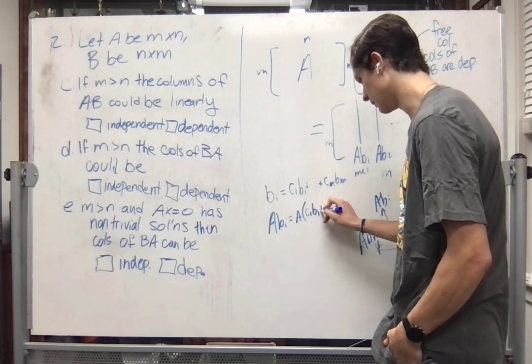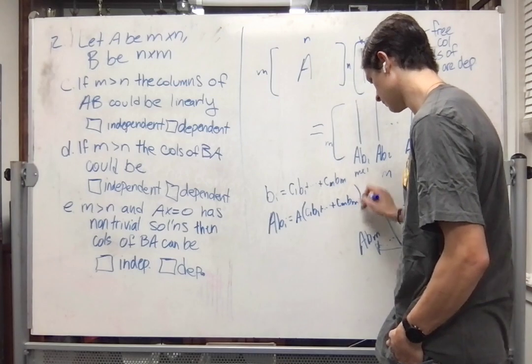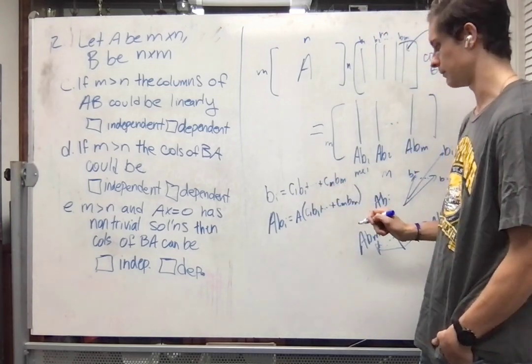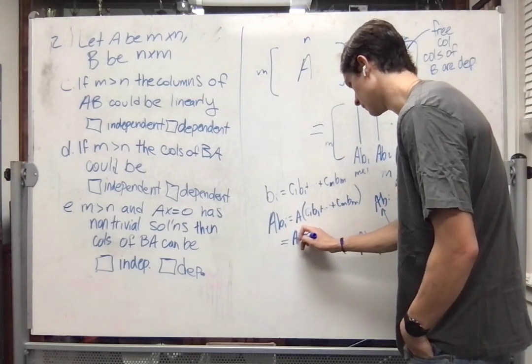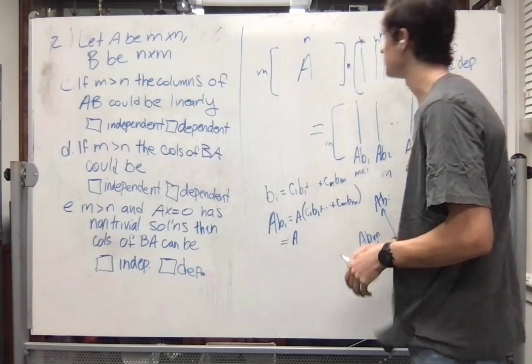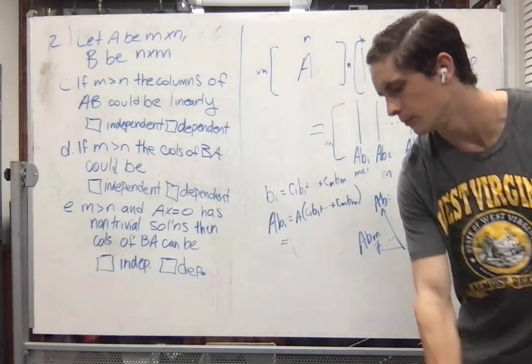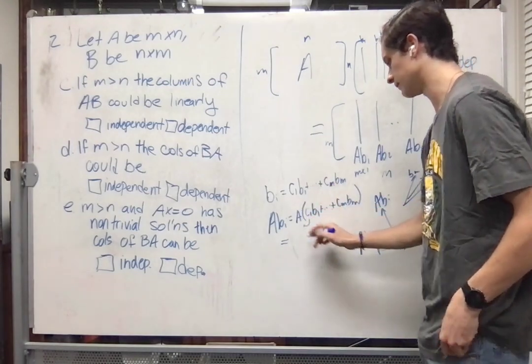Now we can distribute the A over the sum, and pull the ci's out to the front.